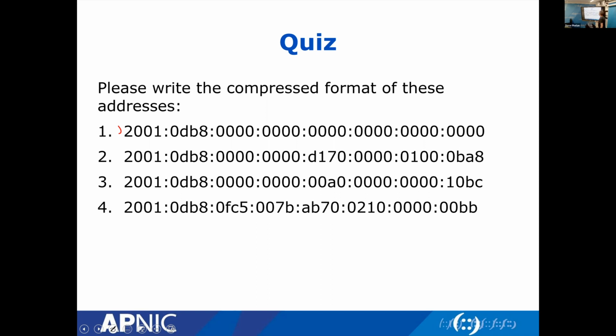All right. Rule 1, remove leading zeros. Leading zero removed, leading zero removed, leading zero removed. Then replace multiple sets of zeros with a double colon.